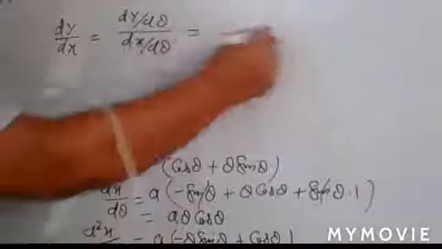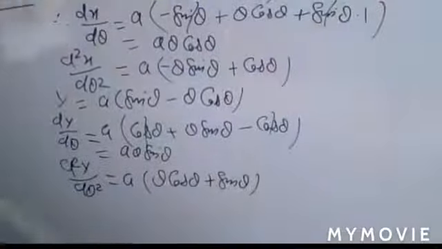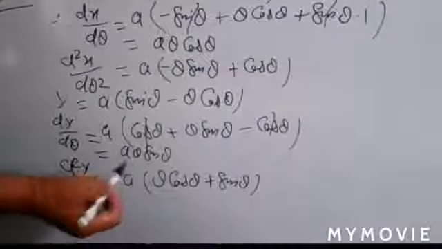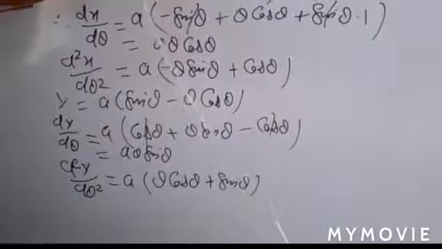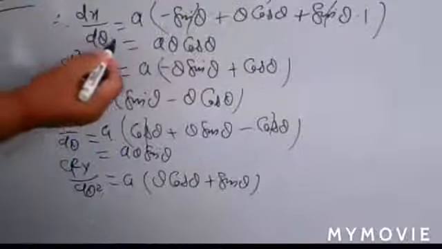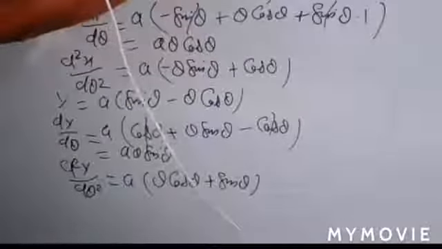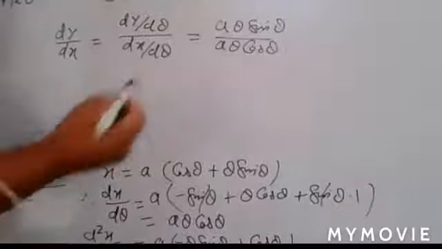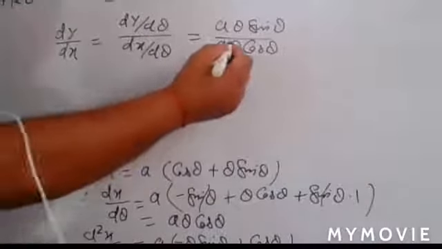Now putting in the values: dy by d theta is a theta sine theta, and dx by d theta is a theta cos theta.